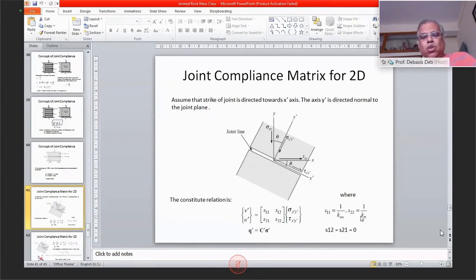Okay. So this is just the inverse relationship of that constitutive.